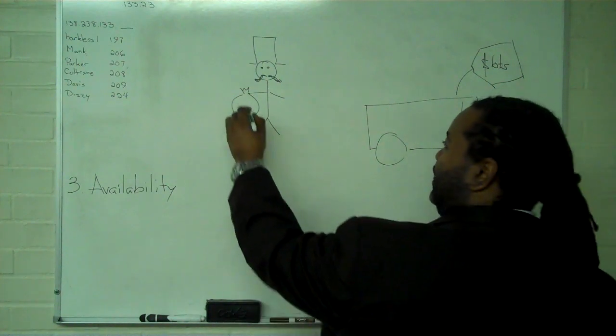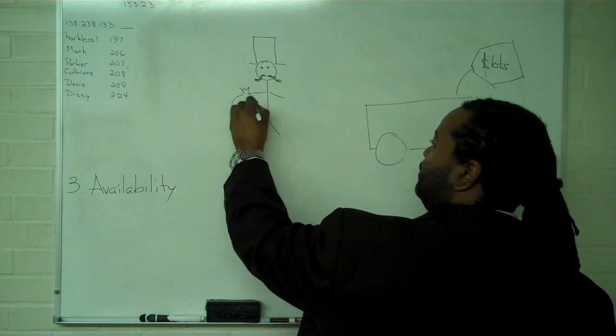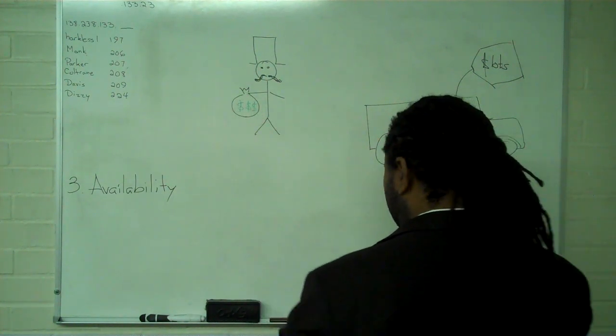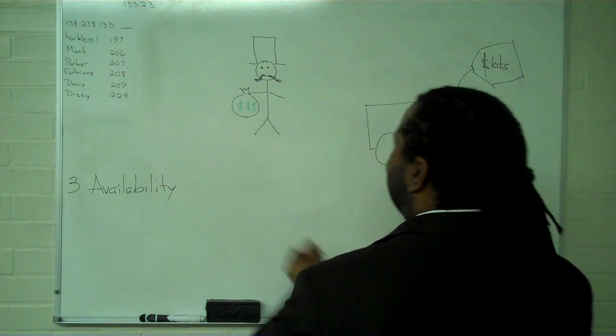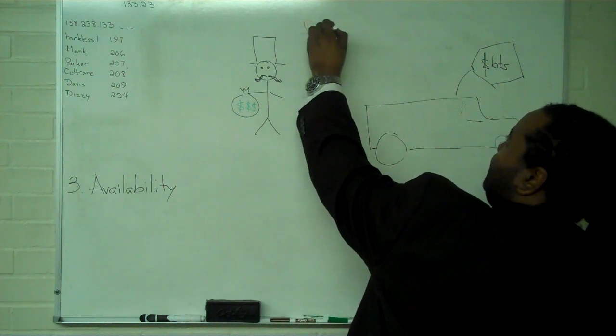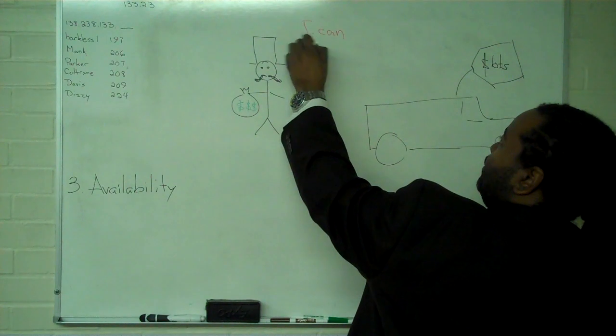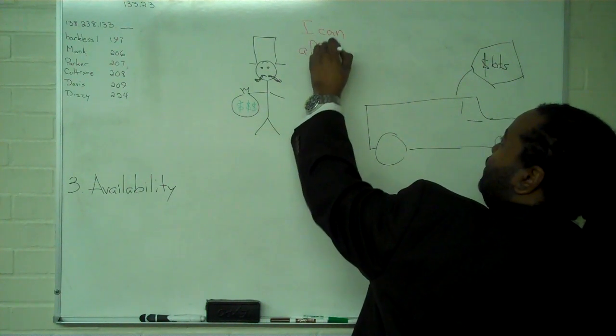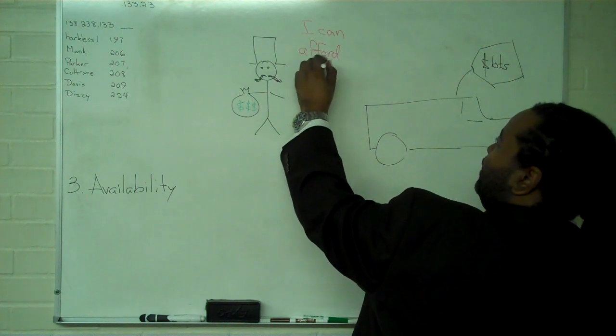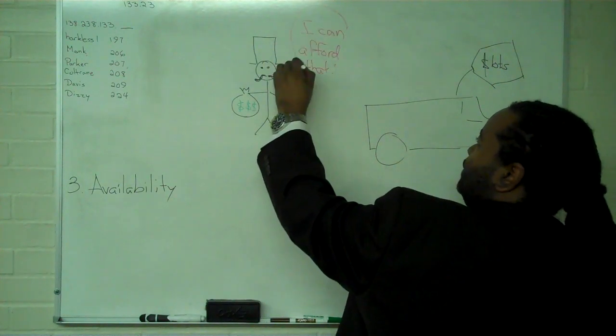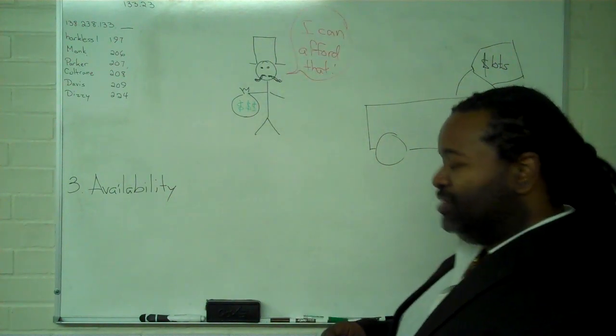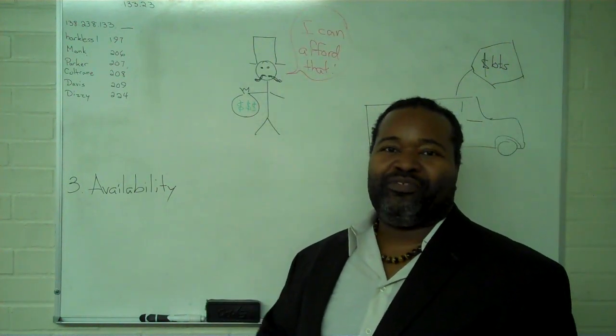So Mr. Moneybags here, he's all happy because he can afford that. He's Mr. 1%. And so this is an example of availability.